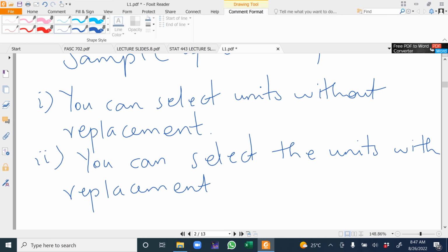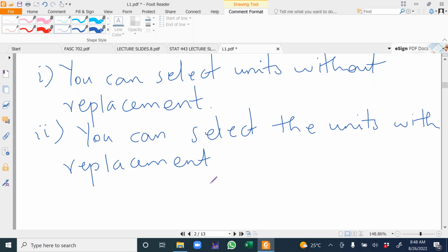If this happens, it is bound to affect the accuracy of the results, because you can select the same unit even up to 5 times. Other characteristics or other units are not incorporated into the sample, and therefore the results you get when you select your sample with replacement are not going to be as accurate as the ones you select without replacement.